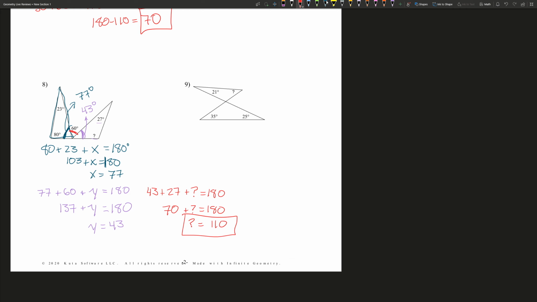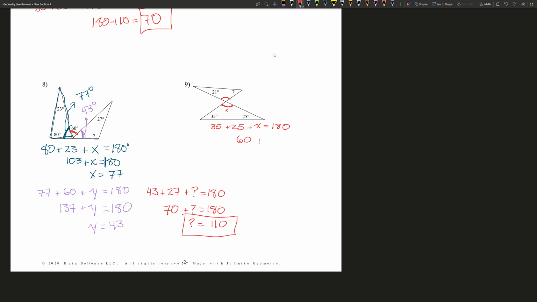And number 9 is similar to numbers 6 and 7. The first thing we have to do is solve for this angle, use vertical angles, and then solve for the unknown. So if we do that, 35 plus 25 plus our unknown x is equal to 180.